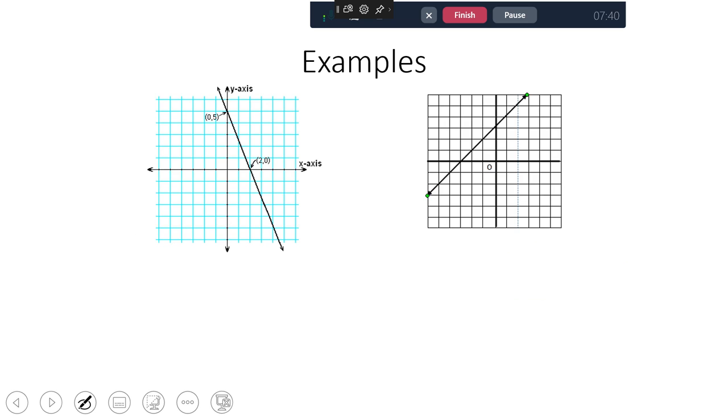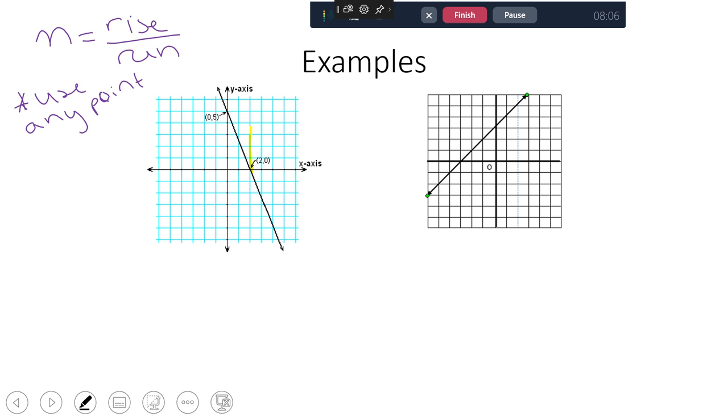So here we are going to be using rise over run to find our m. And we can use any point on the line unless they tell you which one to use, okay? So let's find our rise.